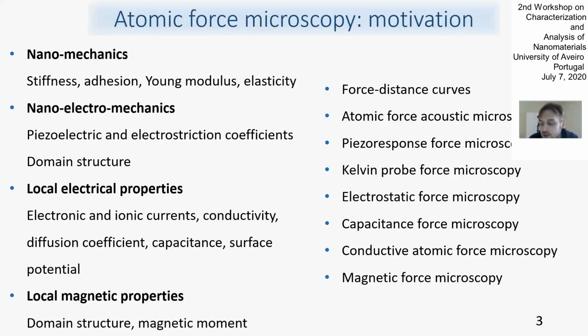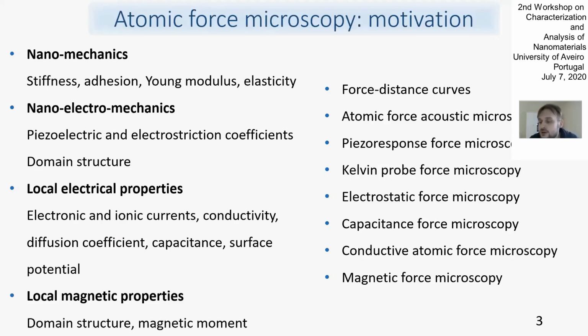In order to get insight into these measurements, we need to decrease the sizes of the electrodes, probes, or other measurement elements, and atomic force microscopy is an expansion of the classical methods to the nanoscale. So we can do different kinds of measurements like nanomechanics, nanoelectromechanics, local electrical properties, and local magnetic properties. This is not the whole list.